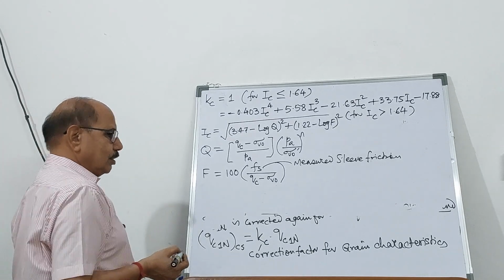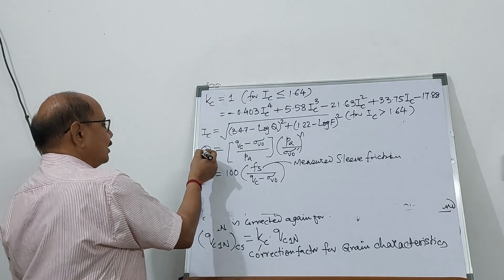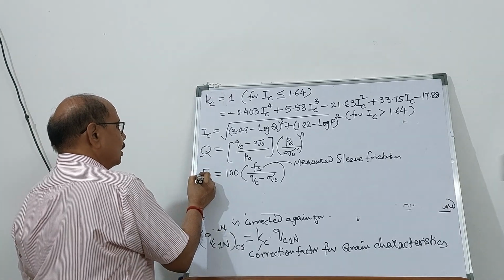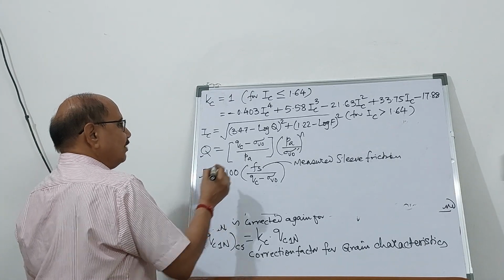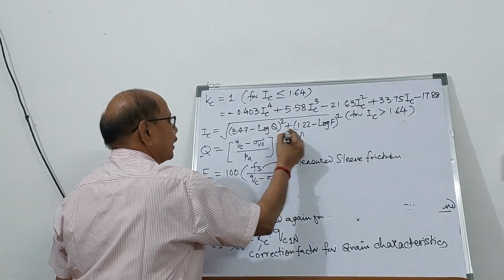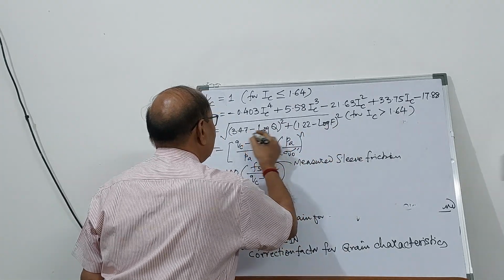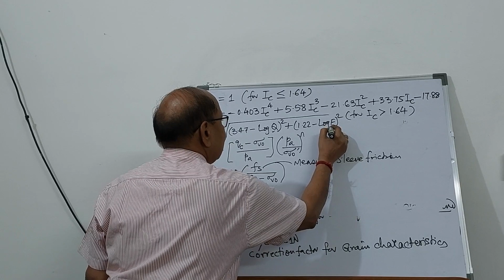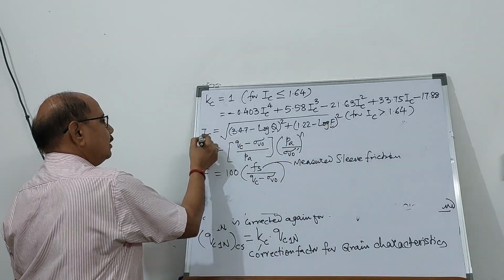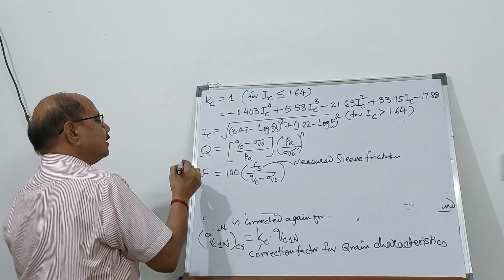Now, having got the value of Q and the value of F, substitute in this expression for Ic, and you can get the value of Ic.